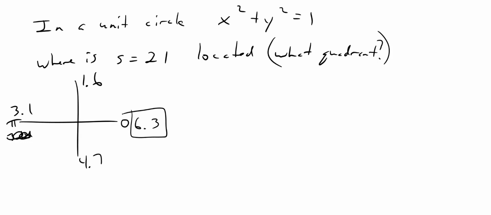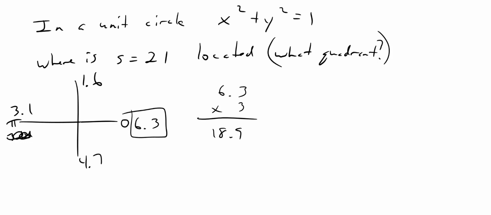Okay, just to get an idea. So if I said, hey, where is 21 located? You would say, well, it's 6.3 to here, and then another 6.3. So do you guys agree 6.3 times 3 is 18.9. So 18.9, and then I want 21.